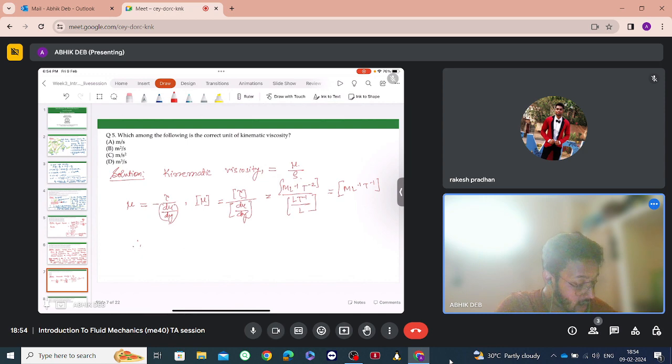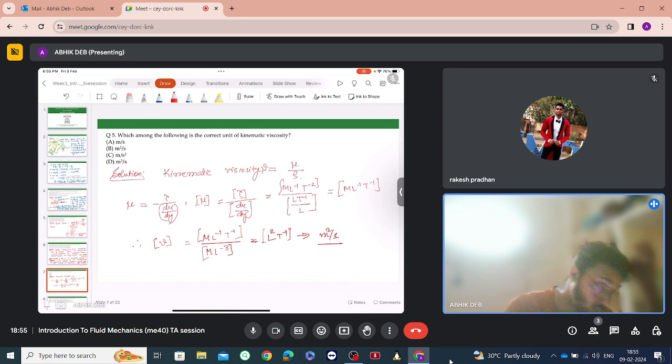Therefore, the dimension of kinematic viscosity will be M L inverse T inverse divided by the dimension of density, that is M L to the power minus 3. So it will come out to be L square T inverse, which is meter square per second.